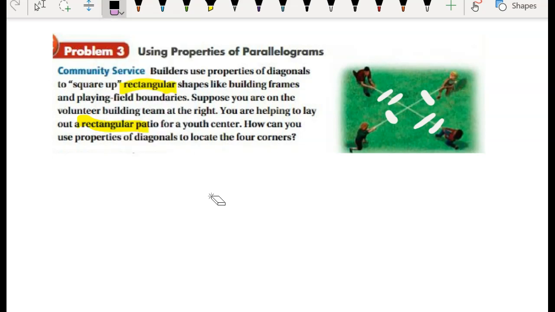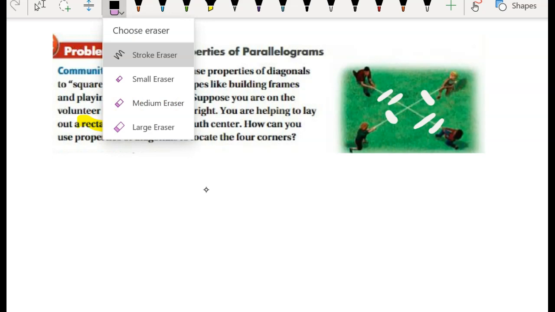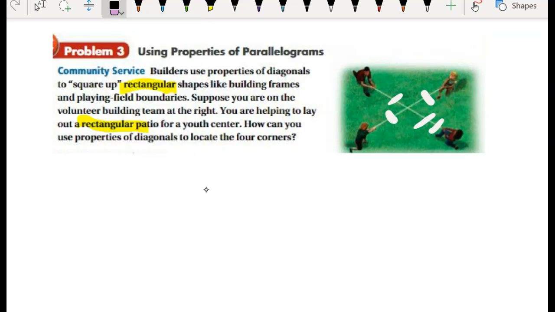So I'm going to erase one of these little marks because it says we want to have a rectangle. So I know that this segment and this segment are the same length. And if I put the strings right in the center, right in the middle, then both of these sides will all be congruent.